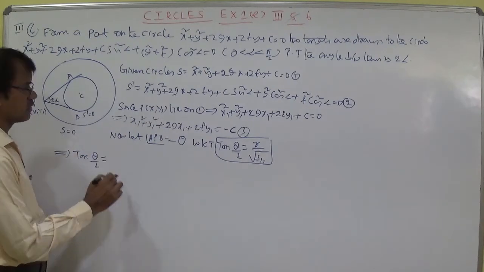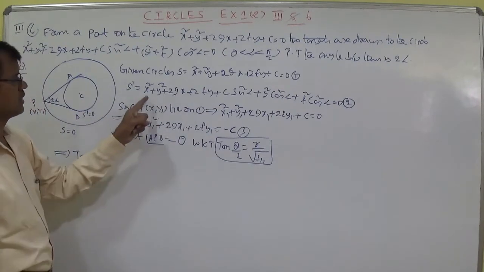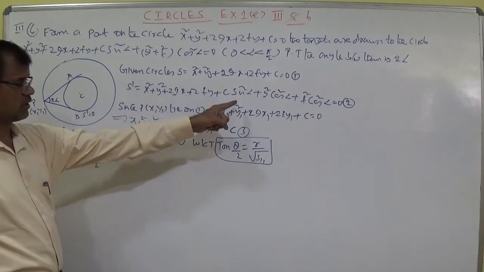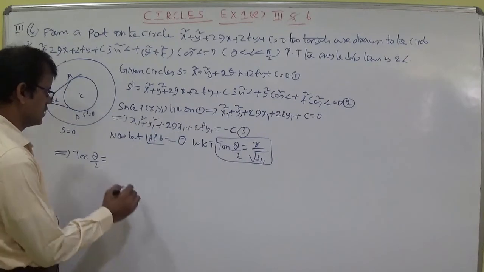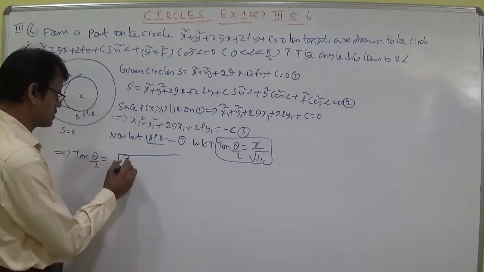Tan theta by 2 is equal to r by root S11. What is r? Here r means the radius of the second circle, which you should calculate using the formula root of g square plus f square minus c.